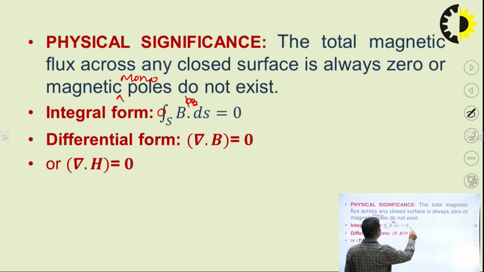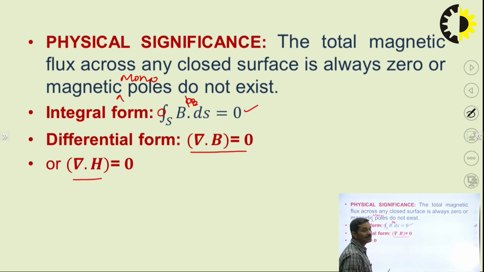So this is the integral form, and these are the differential forms, del dot B equal to 0, or in terms of the magnetic field intensity vector, del dot H equal to 0. So this is all about Maxwell's second equation, its integral form, its differential form, and the physical significance. So we can write Maxwell's equation in integral form, in differential form, and in terms of different vectors, right? So this is Maxwell's second equation. Now I will come to Maxwell's third equation.